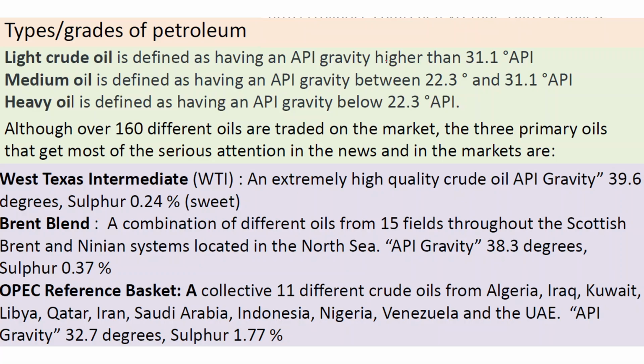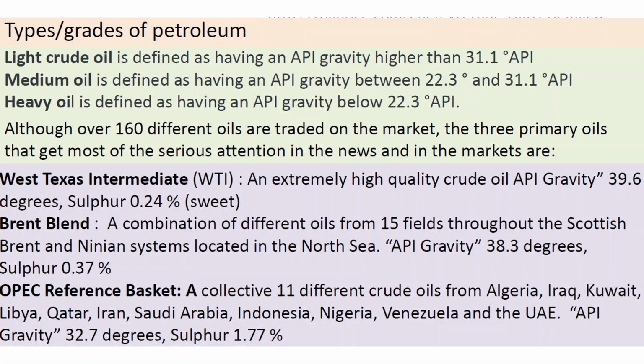Crude having API gravity more than 31.1 is light crude, and crude oil having API gravity less than 22.3 is the heaviest crude, and crude having API between 22.3 and 31.1 is the medium crude oil.